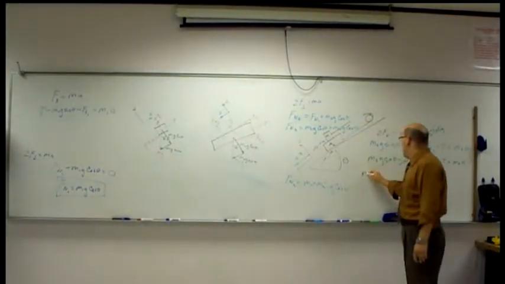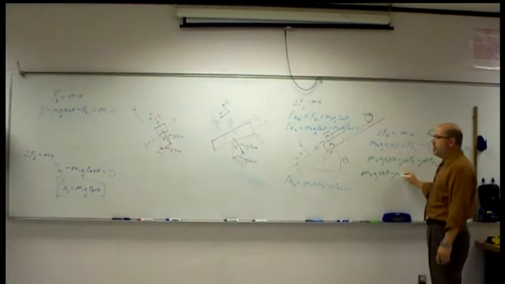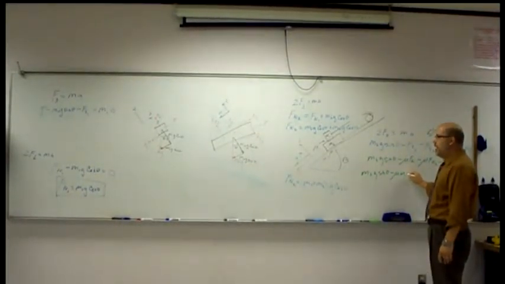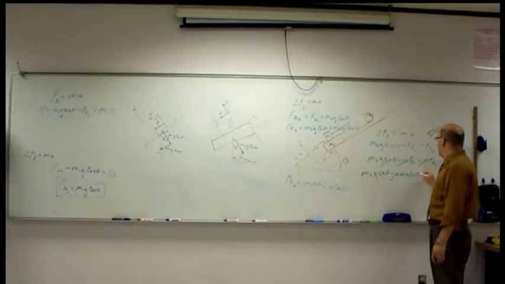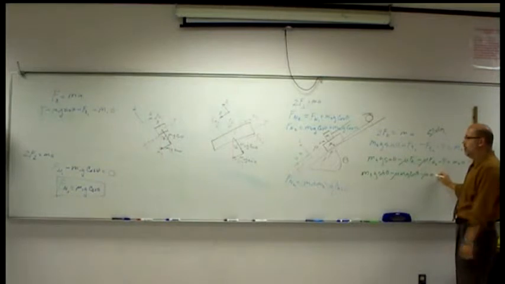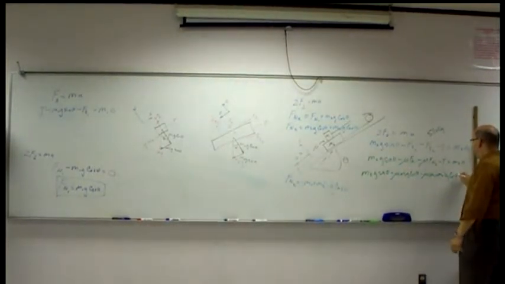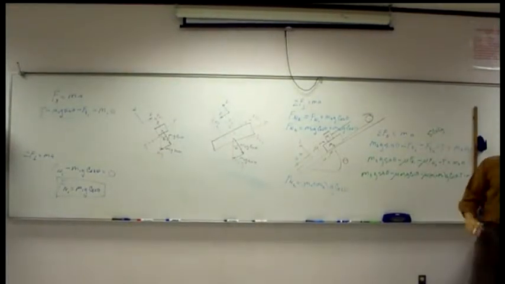So this becomes m2g sine theta minus mu m1g cosine theta minus mu, what's my normal force over here? M1 plus M2 g cosine theta minus T equals M2a. Yay. Beautiful. Okay.